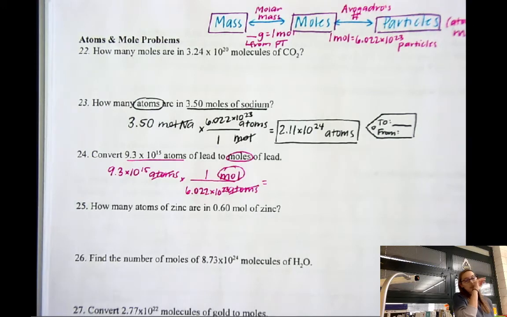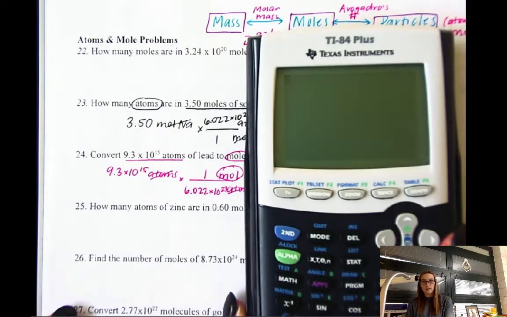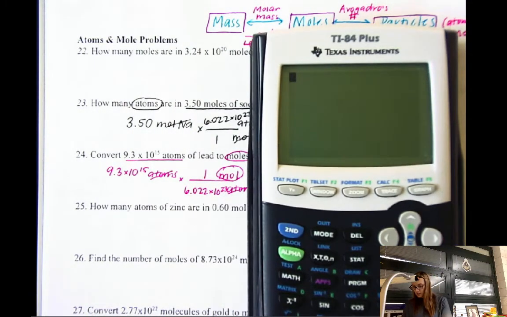Now make sure you can put something like this into your calculator using scientific notation. This is what it'll look like in your calculator. 9.3 second E15 times 1 is just 9.3 times 10 to the 15. But then we divide that by what's on the bottom.